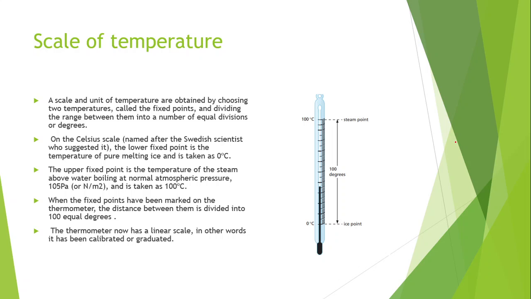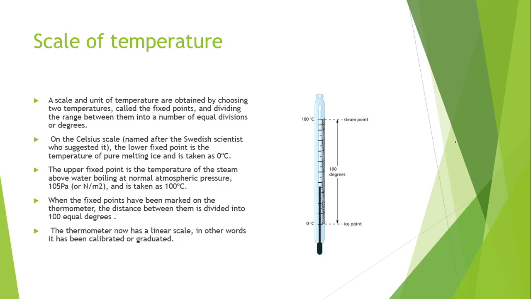So 0 to 100 is a proper scale with 100 divisions. That's the common scale that we usually go for, taking the lower fixed point as the pure melting ice temperature and the upper fixed point as the water boiling steam temperature.